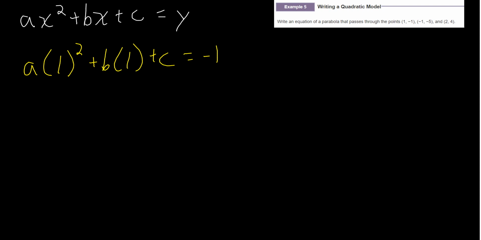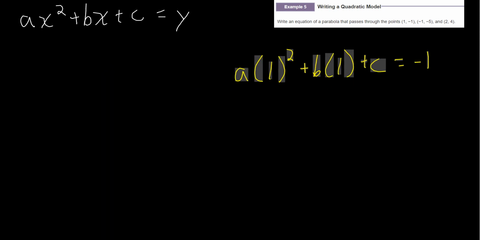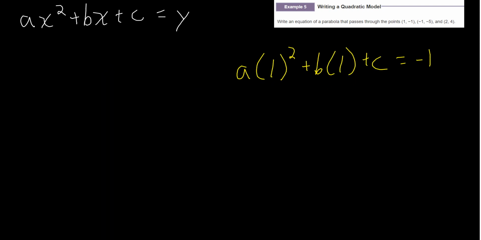Well, we can clean that up, squaring the ones and things like that. It'll just be a plus b plus c is equal to 1. Okay, so that's the first one.